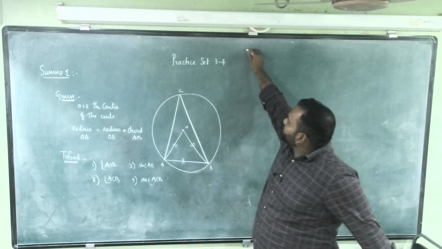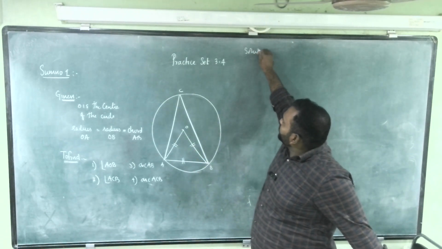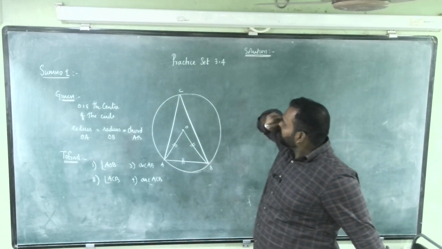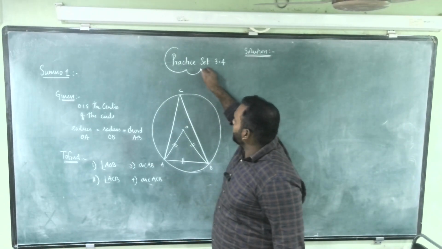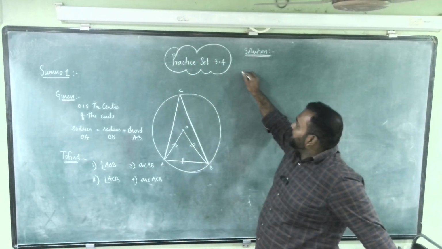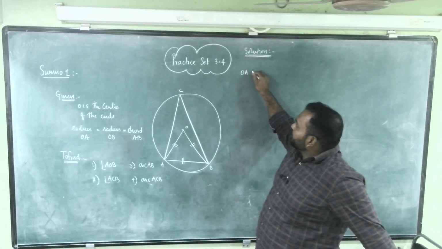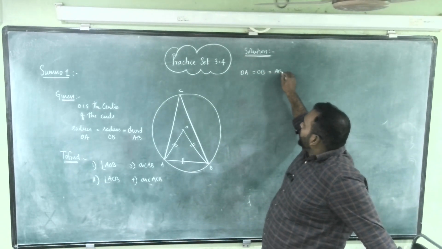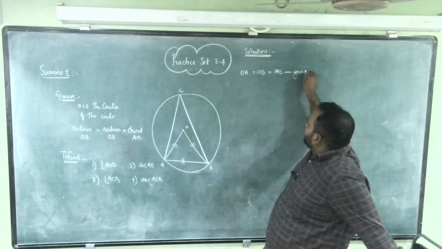Now I'll write the solution. I'll be writing OA is equal to OB is equal to AB. Reason, I'll write given.